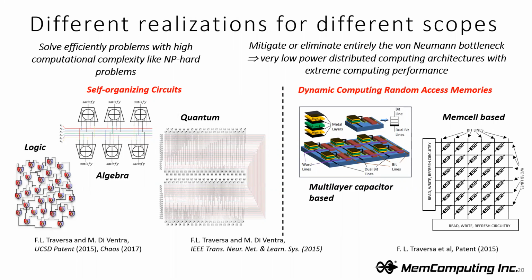The other is based on a dynamic computing random access memory architecture, which is really a RAM composed of cells that can communicate and perform computation directly on the RAM without needing a CPU. I'm going to discuss today just the self-organizing circuits, because they are the ones we can use to solve hard combinatorial problems, and therefore, you can imagine that one day you could also use some of those machines to perform attacks.